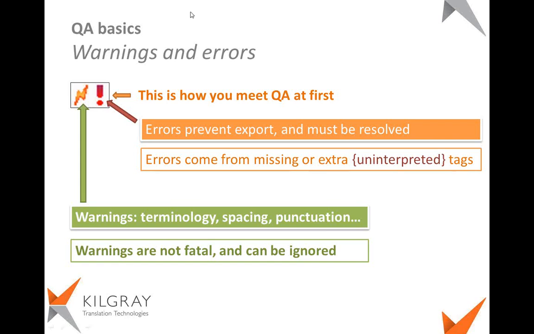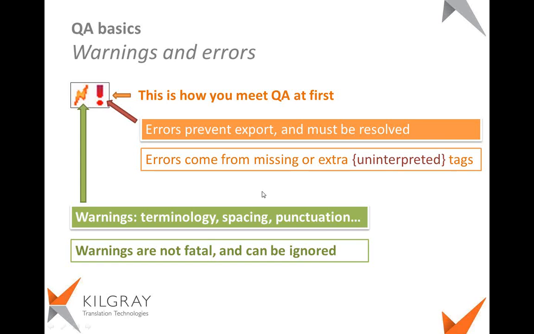When you get a warning, you will get an orange lightning sign. This is something that usually comes from the QA module. It's about terminology, spacing, punctuation. And these warnings are not fatal. They can be ignored.